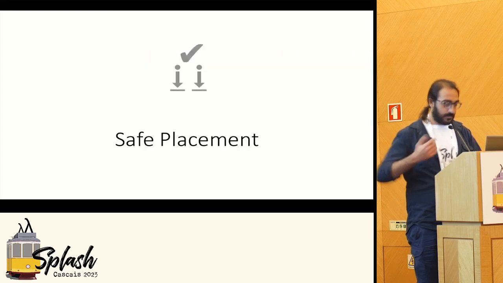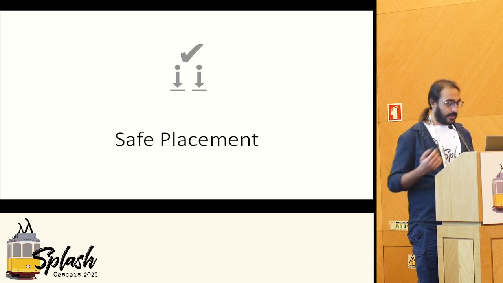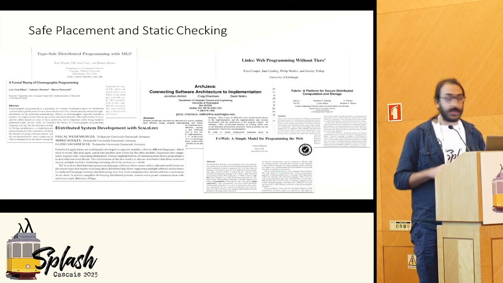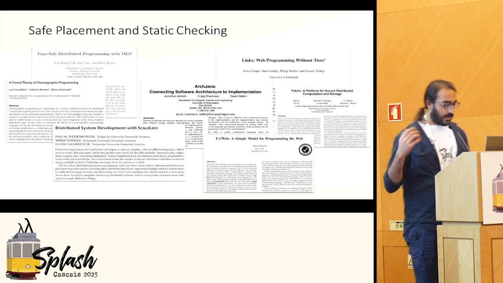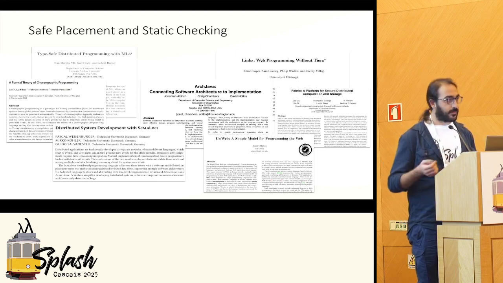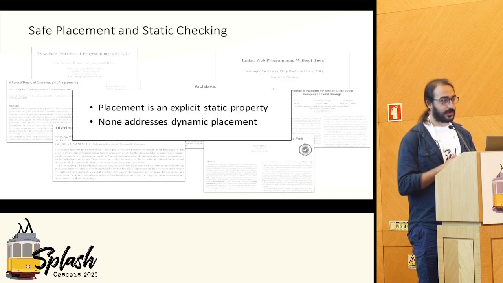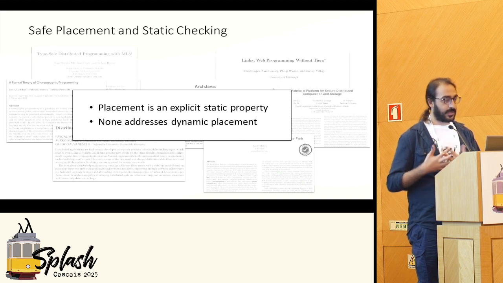So we looked at what kind of safety the literature already provides us. There's a myriad of papers already published around architectures, multi-tier programming, placement types, choreographies. They all have one thing in common: they do not address dynamic placement, because placement is often a static property.